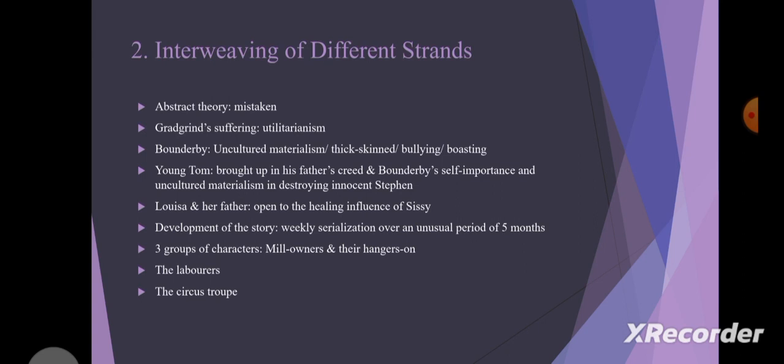From the beginning till the end of the novel, we have the idea that Gradgrind was running a school like a factory, and he was very much concerned with facts and figures, or rigorous and rigid ideas of earning money.